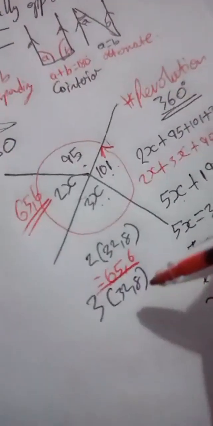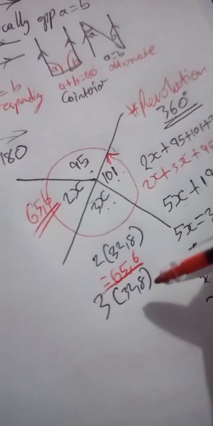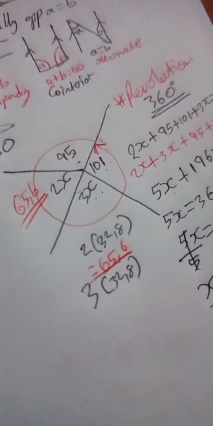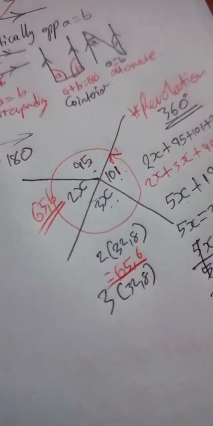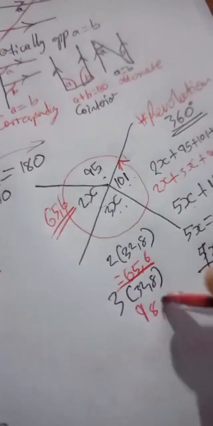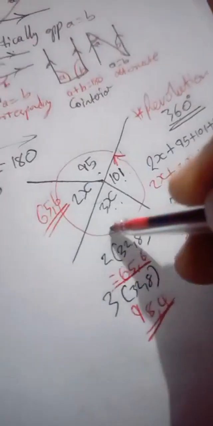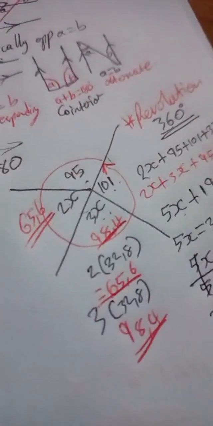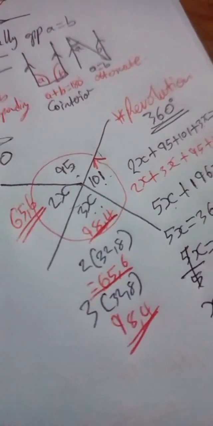And then this other angle is 3 times 32.8, which is 98.4.